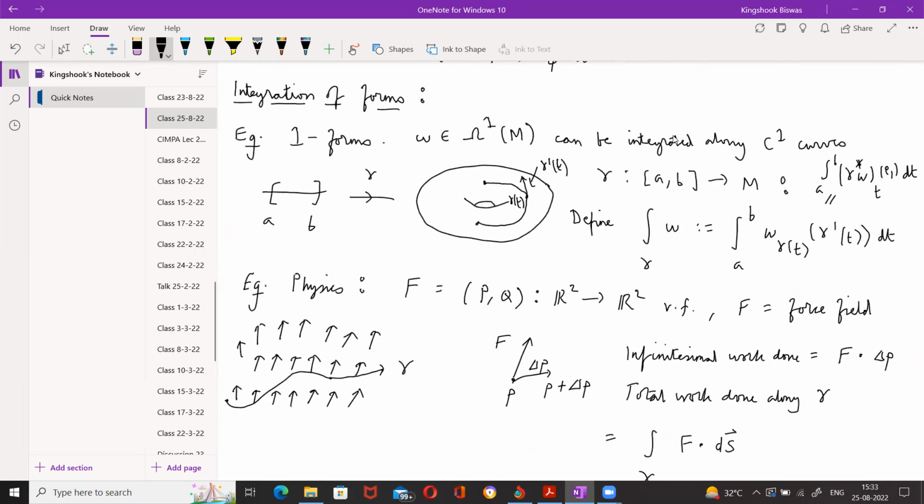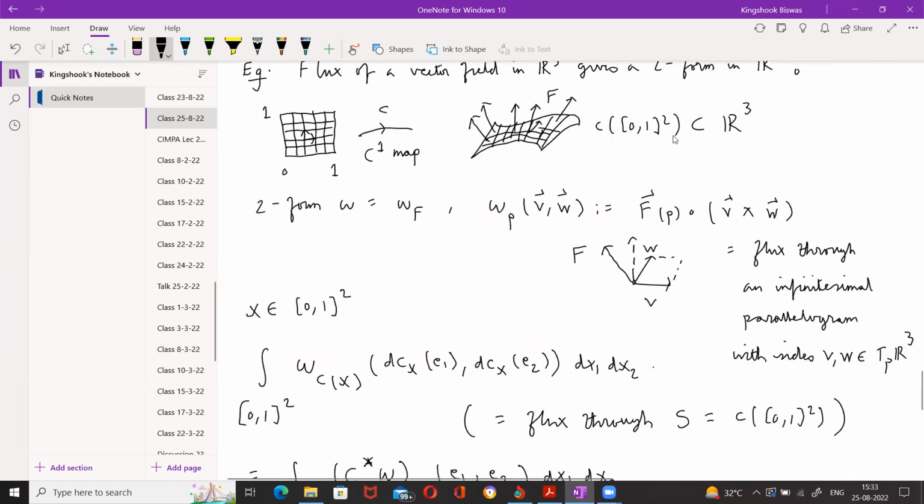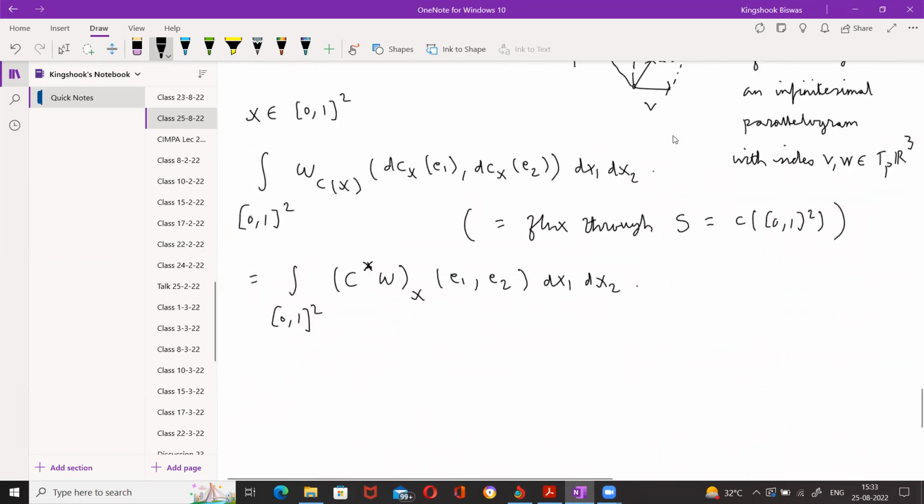Now this leads us to the general definition of integrals of k-forms over what are called singular k-cubes. Singular k-cubes are the higher-dimensional version of curves.